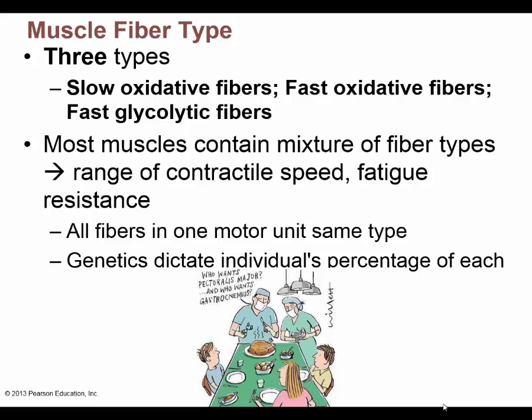Now, myoglobin is a red color. So if you have a lot of red myoglobin, your muscle actually appears red or a darker color. Now, we'll get into it again. I'm jumping ahead of myself. So that's slow oxidative: lots of myoglobin, lots of that oxygen-binding pigment.